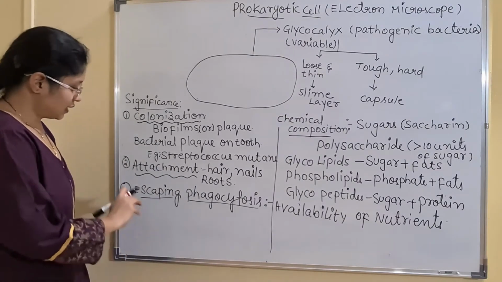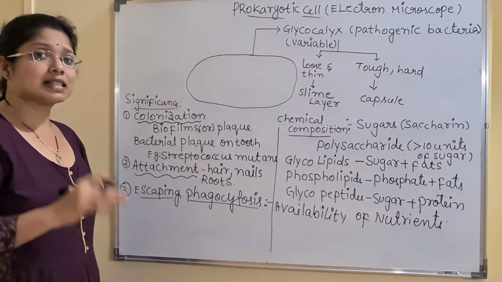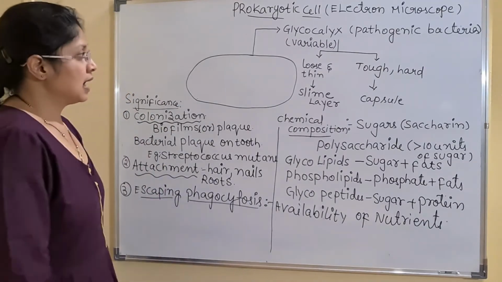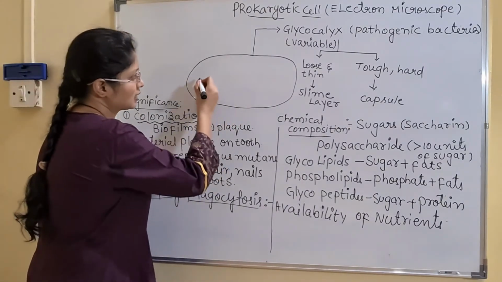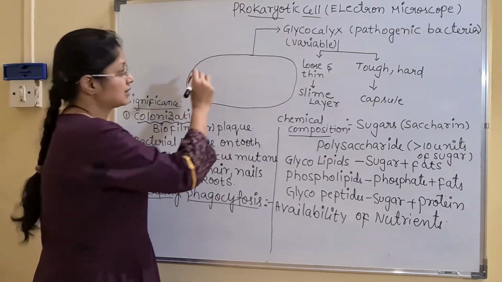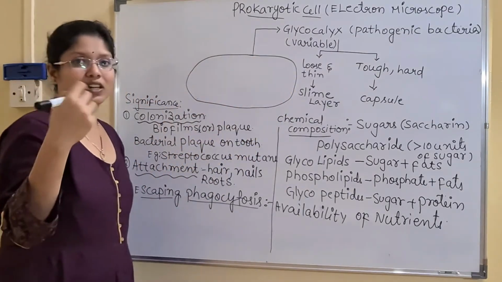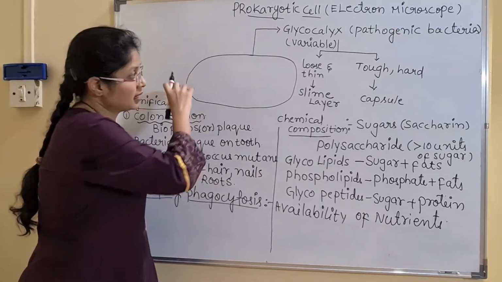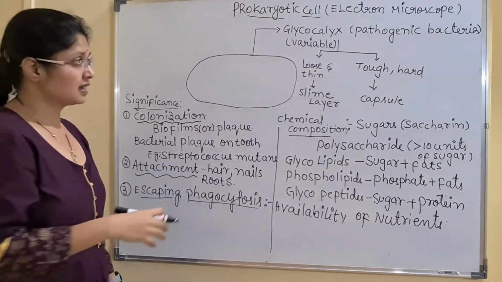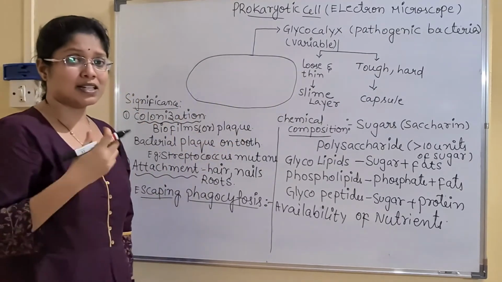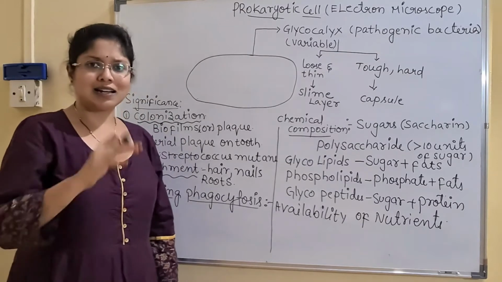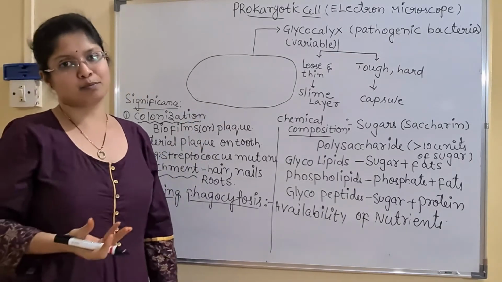Okay. So here, how is this glycocalyx helping the bacteria to escape phagocytosis? Actually, the bacterium cell is present inside and this outer layer is a protective layer. So what is it doing, children? The bacterium is being hidden inside this mask. So it is protecting the bacteria so that it is not exposed. Unless it is exposed, we cannot create a response.